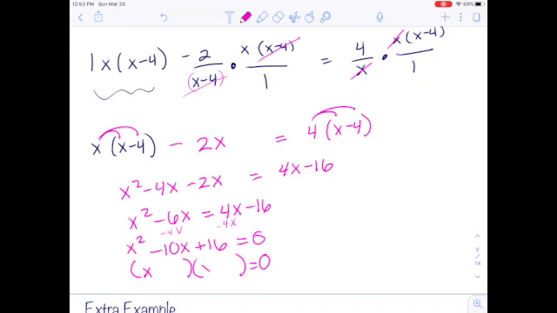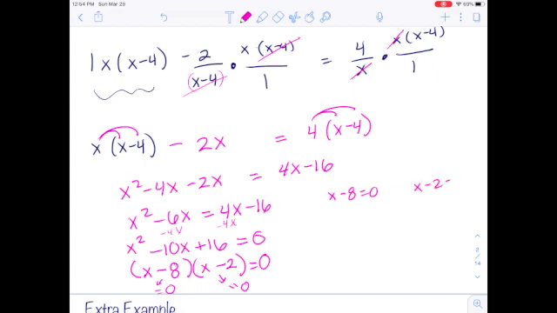So what are the factors of 16 that add up to be negative 10? And you say 8 and a 2. So they would both have to be negative for that to work. So we have to split and solve. So we're going to take x minus 8, set it equal to 0, and x minus 2, set it equal to 0, and solve each one.